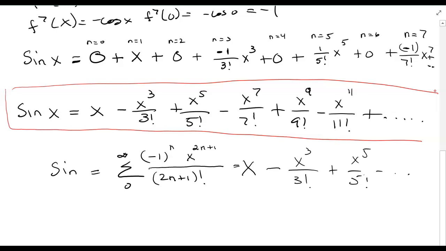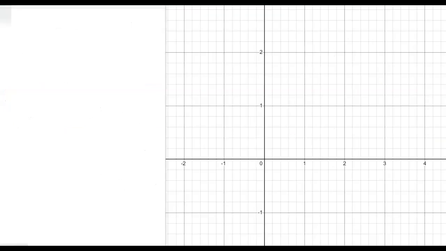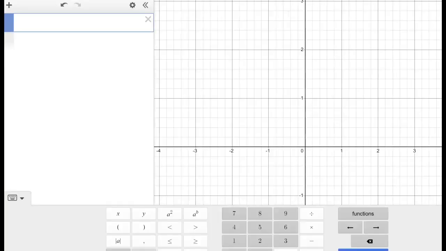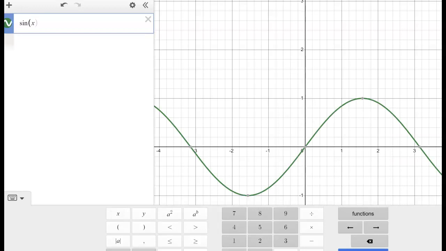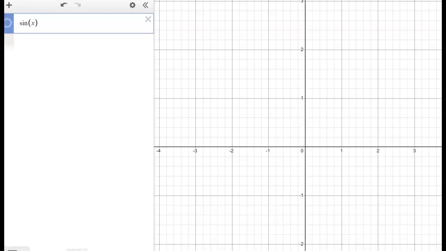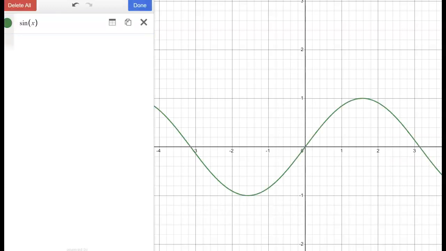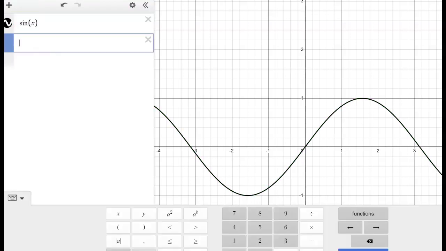So let's take a look at this on a graph because it's a bit cool. We'll start with just our sine x function. Let's get that graphed, and let's do that one in black so that one stays.